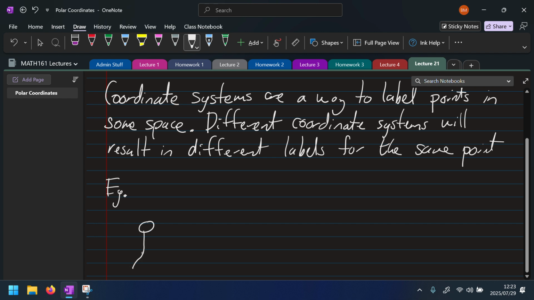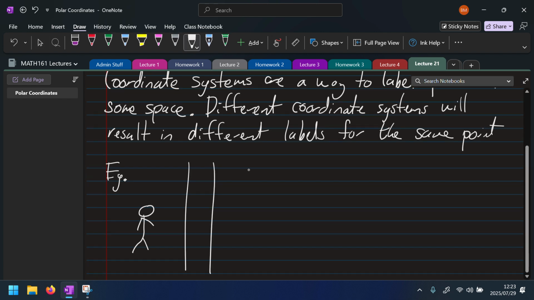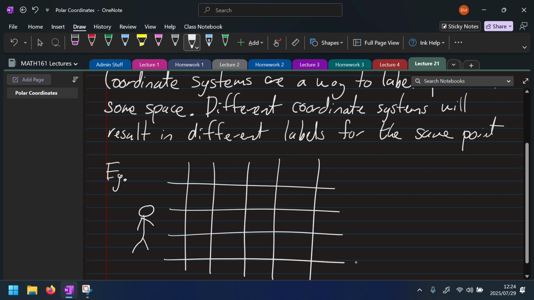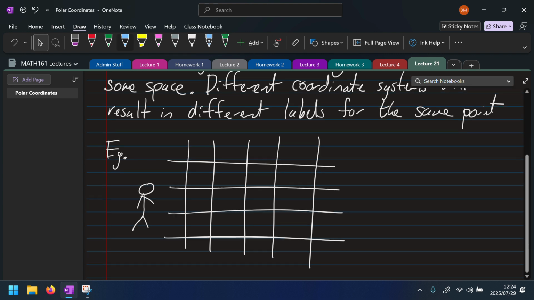So let's say I'm standing over here and I set up a Cartesian coordinate system. You know what that looks like. That's just a regular grid, like so. So let's say in blue over there, I'm going to choose that to be my origin point for the coordinate system.